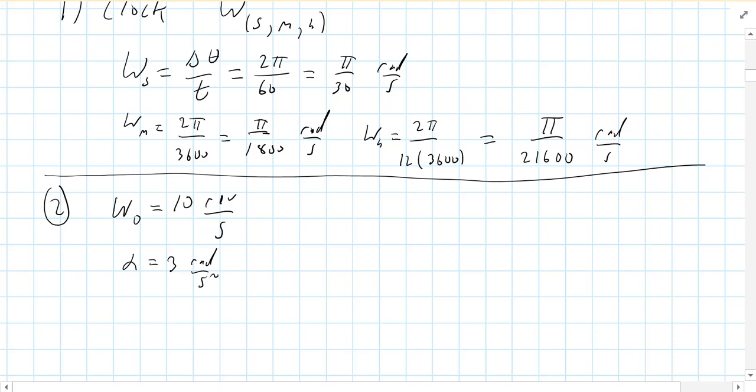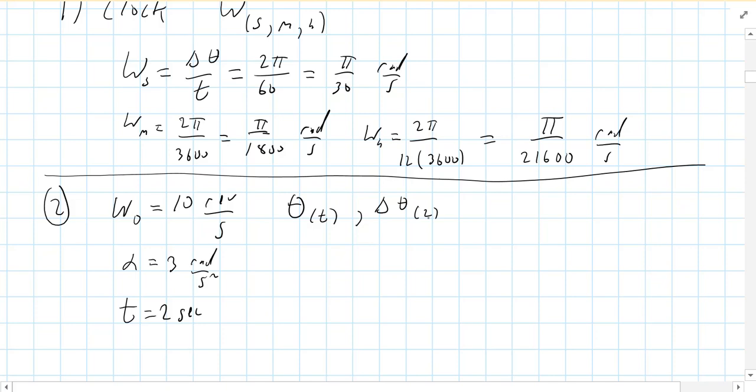Hopefully right away you see an issue, or you hear an issue in my voice. And let's say this happens for 2 seconds. Here's what I would like to figure out: theta as a function of time, and then what is the angular displacement after that 2 seconds.